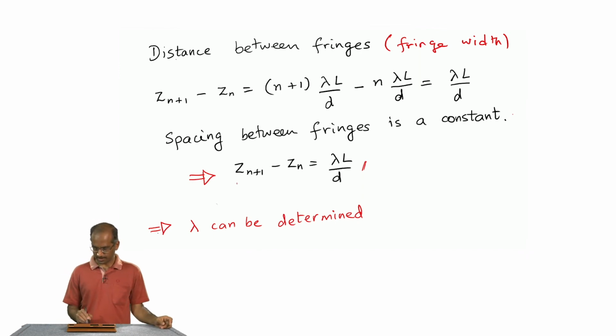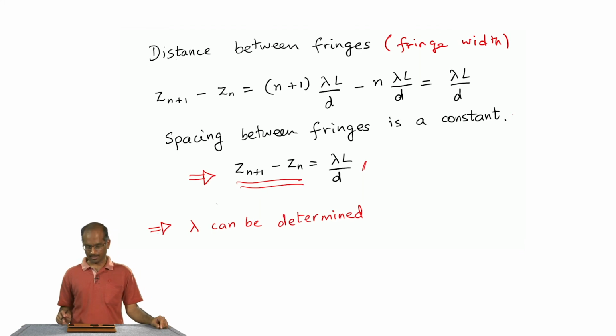If I can measure this difference experimentally, then the only unknown is lambda. So, just like we saw with the Fabry-Perot or with the Michelson interferometer, the Young's double slit experiment can also be used to determine the wavelength of an unknown source of light.